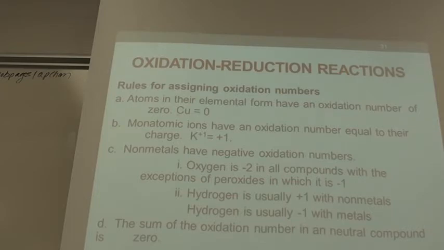Copper has an oxidation number of 0. When phosphorus is a hunk of phosphorus, it has an oxidation number of 0. When potassium is just a metal hanging around, it has an oxidation number of 0.